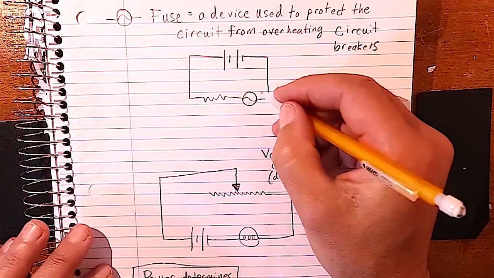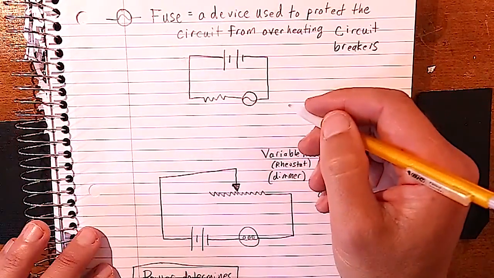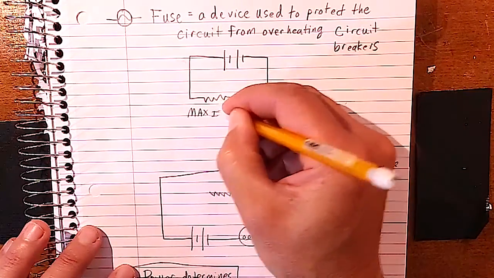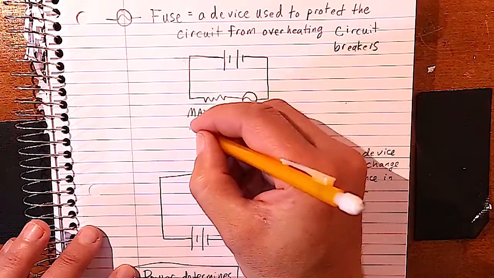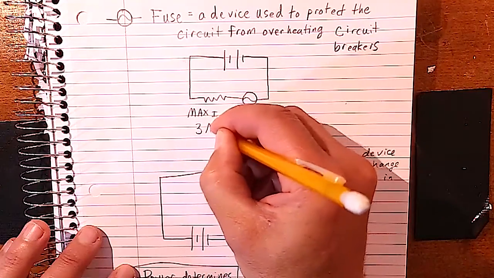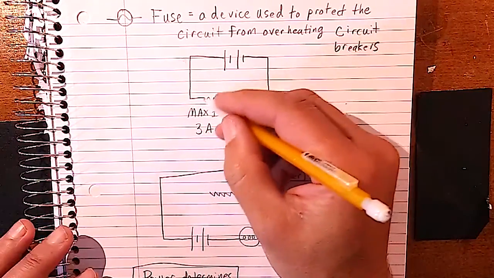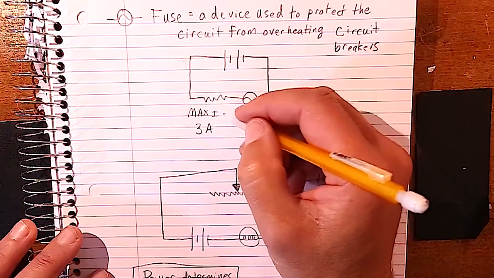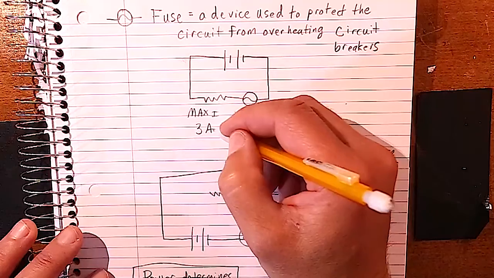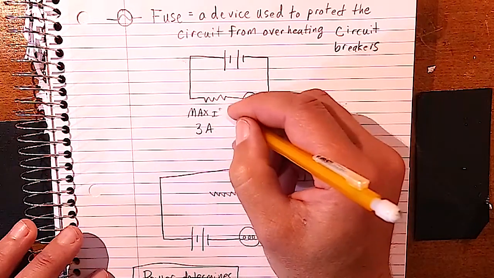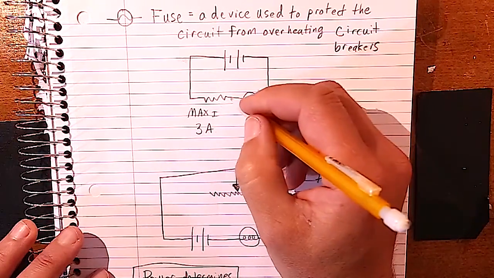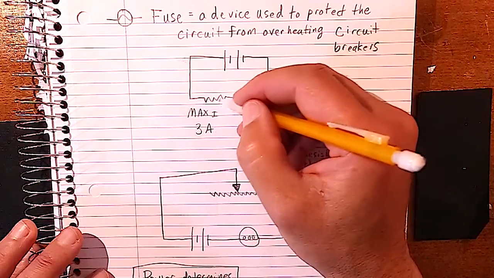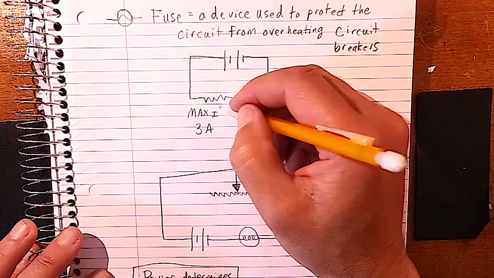And the way a fuse works is you have a circuit, and let's say that the max current that this resistor can handle before overheating is 3 amps. So in other words, this might be a television, it might be a light bulb, it could be anything. And if it reaches 3 amps of current, it's going to overheat. So we don't want that to happen, because if there's a surge of electricity, that could end up damaging our device.